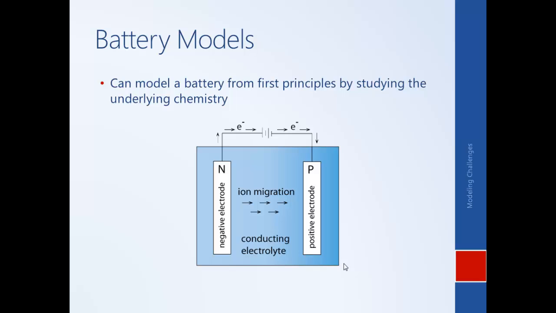One example where black box modeling is often used is with batteries. So one approach for deriving the model of a battery is to examine the underlying chemistry of the battery. This process can be quite challenging, especially for engineers who may not have the chemistry background.